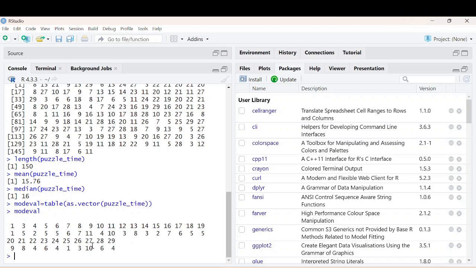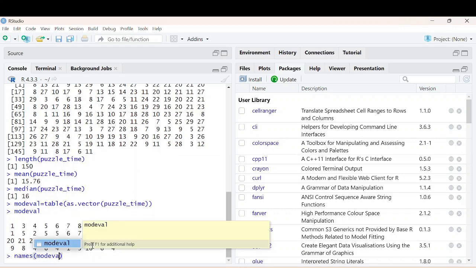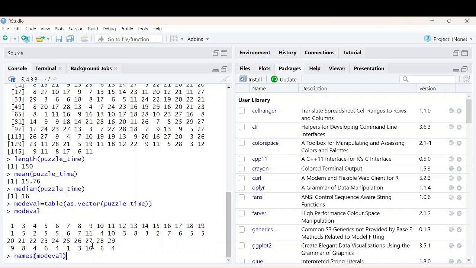But if you want to see the mode value through programming, there is one more command. Names of mode val, because we have saved in the name of mode val, the square bracket we have to normally denote. Mode val equal to maximum of mode val.